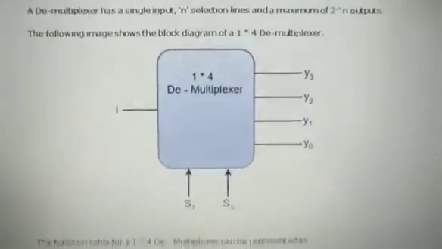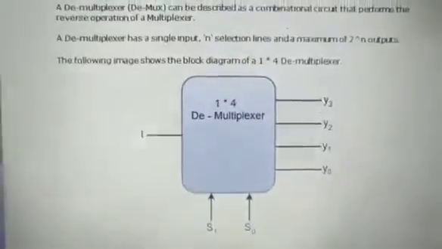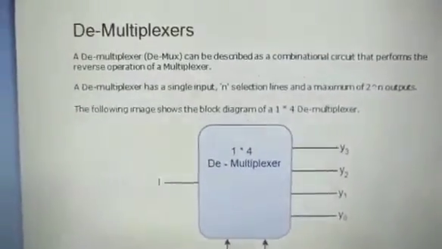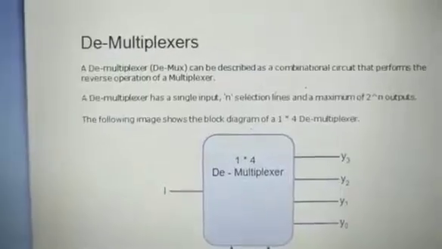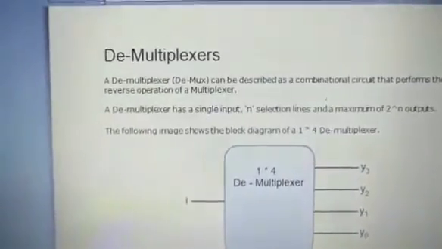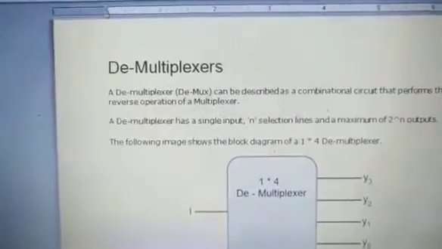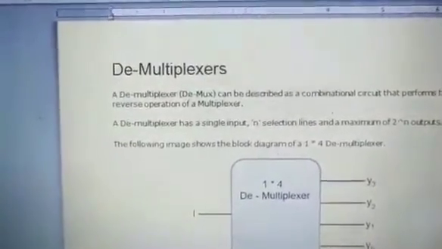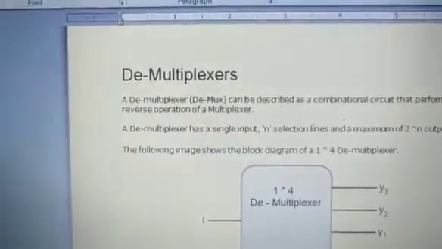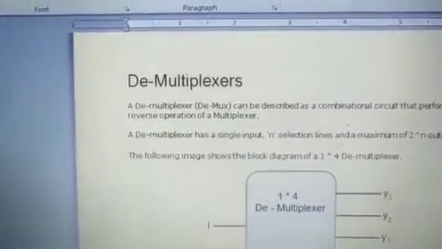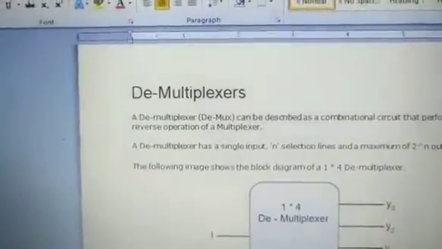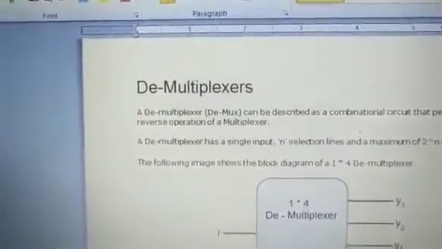What is the requirement of the select lines S1, S0? The select inputs determine to which output the data input will be connected. As the serial data is changed into parallel data, the input appears on one of the n output lines. So a demultiplexer is called a data distributor or a serial to parallel converter.